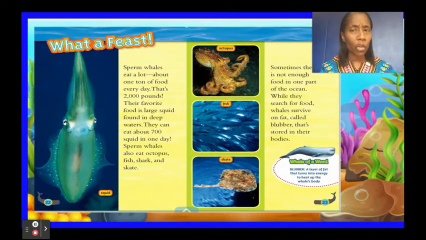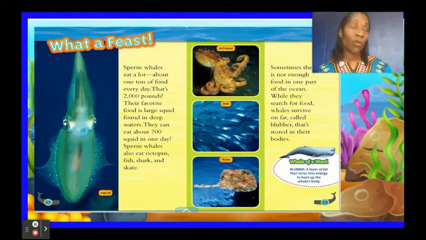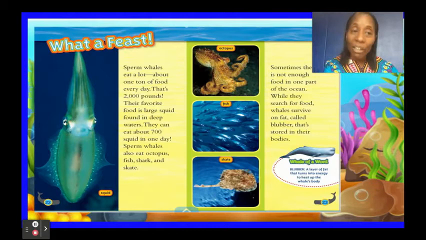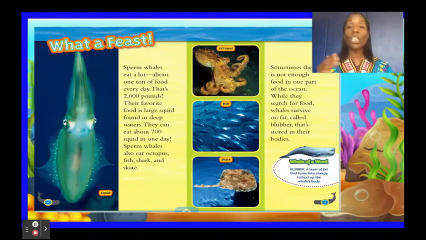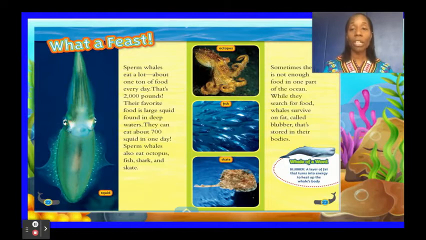So we've learned that the sperm whale loves squid and they eat octopus as well as fish. So the author was very intentional when he said feast because we can make a connection. When we think about feasts, we're thinking about food and the feast that we might have with our families at Thanksgiving, Christmas time, 4th of July, Juneteenth. So we know that the author is talking about food.